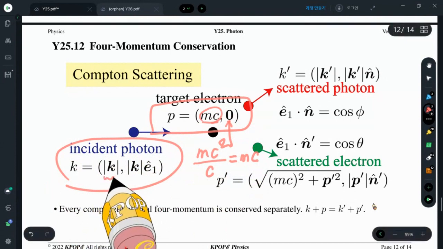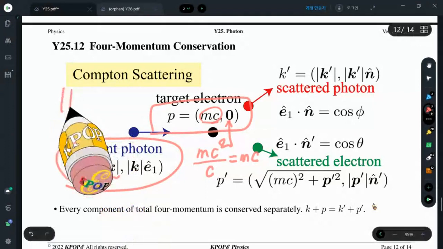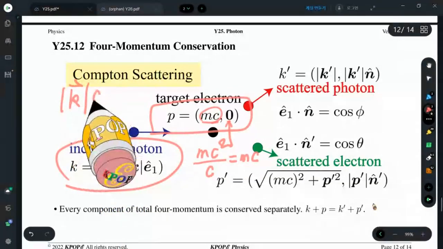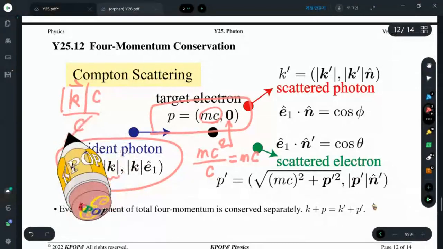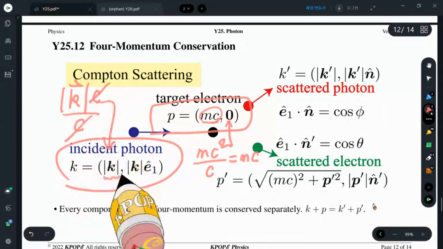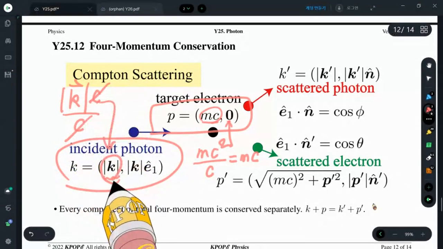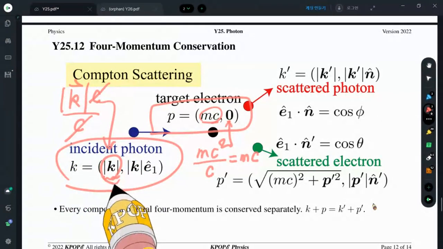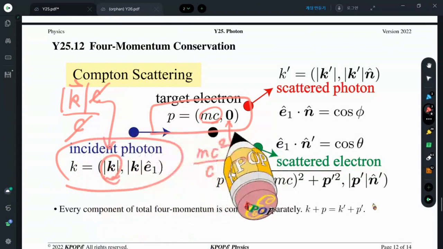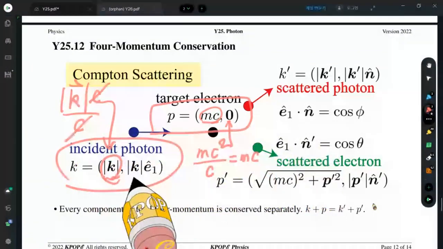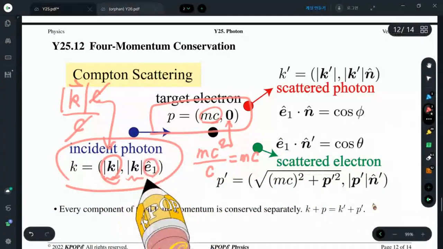So the energy of a photon must be the momentum multiplied by the speed of light, and it should be divided. So this value is the energy of an incident photon divided by the speed of light. We align the momentum of the incident photon along the x-axis, so magnitude multiplied by unit vector.